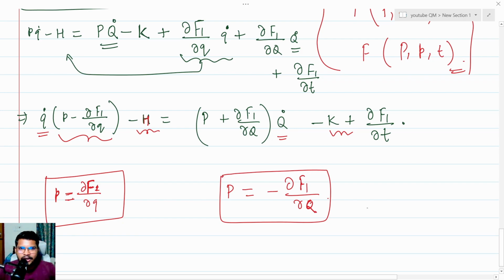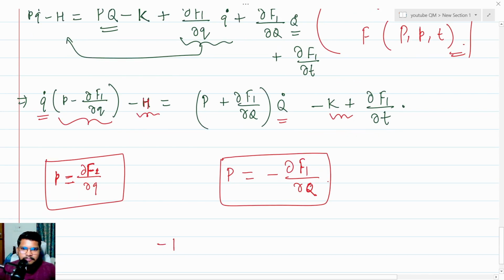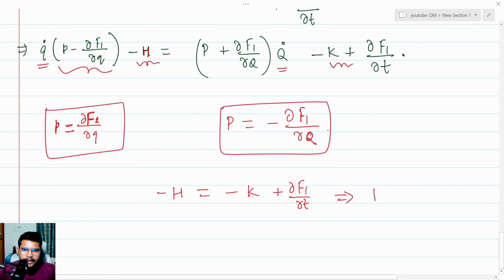Now, since these quantities have vanished, I get the simple relation: H equals minus K plus del F over del t, or multiplying by minus, K is equal to H plus del F1 by del t. I know the exact relation.